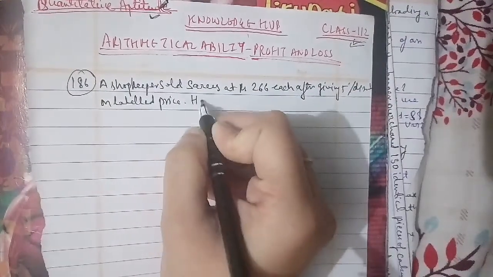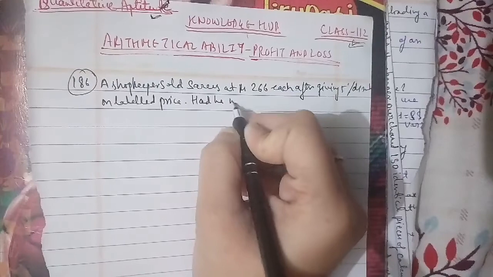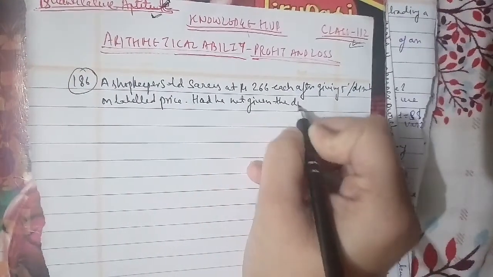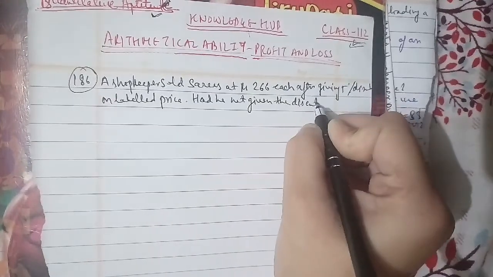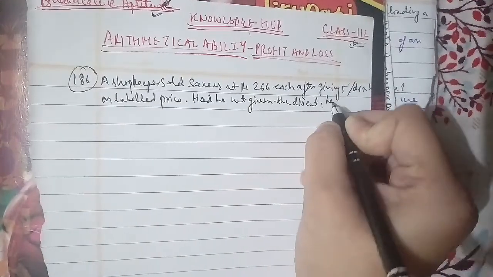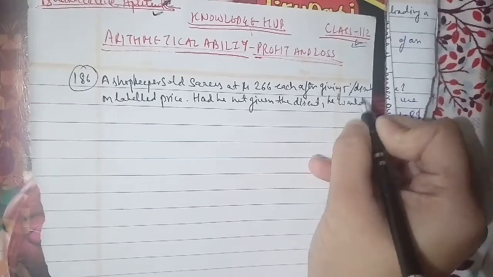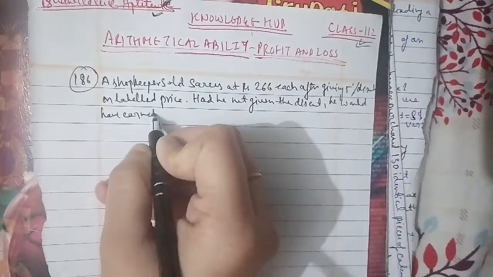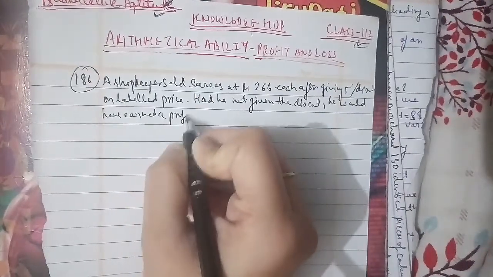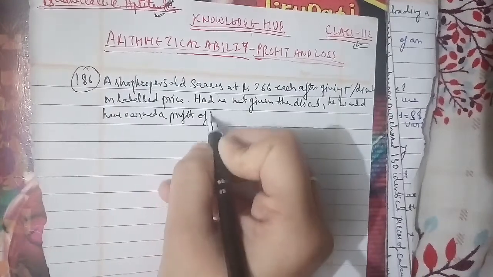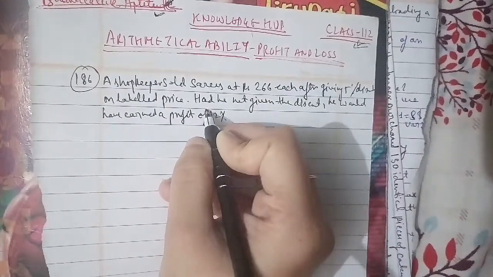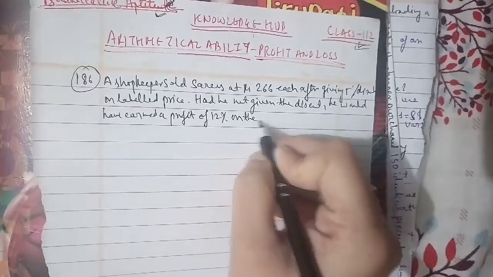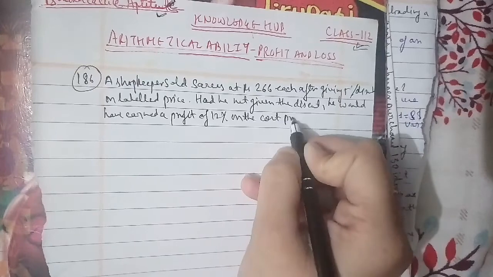Had he not given the discount, he would have earned a profit of 12% on the cost price.